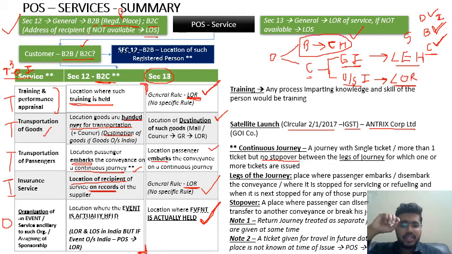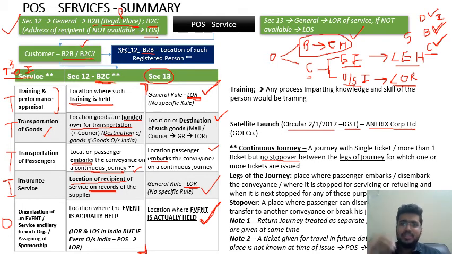So the law has clearly said, see, when you are dealing with a B2B person in India, then what is the provision we saw, friends? If we are dealing with a B2B person in India, then the place of supply will be the location of such registered person. So say if a person from Chennai is contacting Antrix Corp, which is registered in Delhi, to launch the satellite.